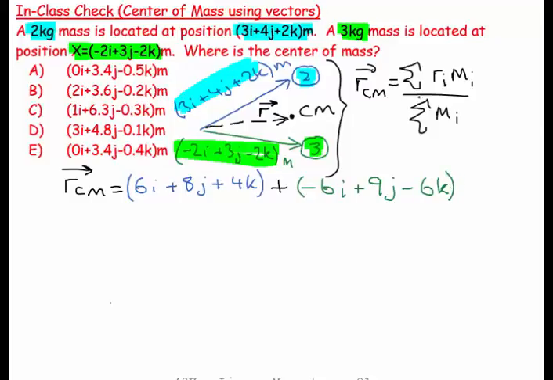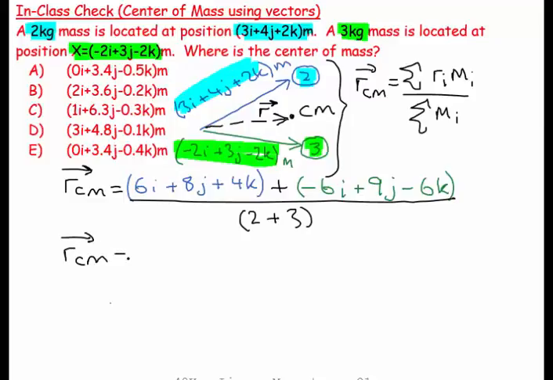And then now I've got to divide it by the sum of the masses, and the sum of the masses is basically 2 plus 3, which is 5, of course. So the rest is arithmetic, basically. Our center of mass is equal to plus 6 added to minus 6i, which is 0i.